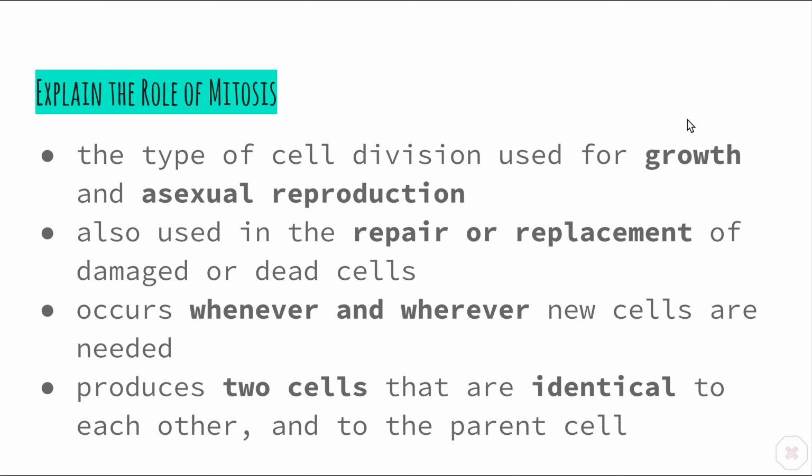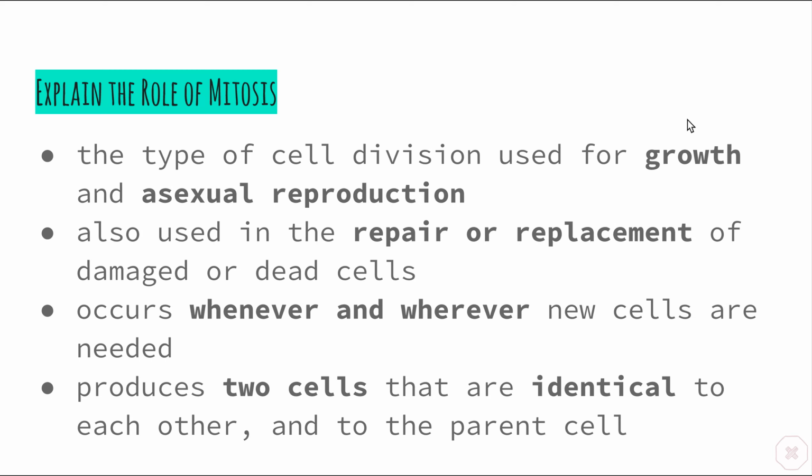So the type of cell division that happens here in mitosis is used for growth and for asexual reproduction. So as we know, all bacteria cells start as one cell. They don't require a sexual partner in order to reproduce. They simply undergo the process of mitosis, and bacteria from one cell creates 2 cells. 2 cells create 4 cells. 4 create 8.